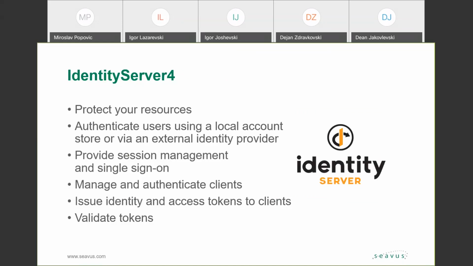It can also, same as ASP.NET Core Identity, authenticate users using some local account store or via an external identity provider. It also provides session management and can be used as a single sign-on server for multiple applications. It also manages and authenticates clients. We'll see later what clients really are in this context. And it has the ability to issue any type of tokens to clients and validate those tokens.